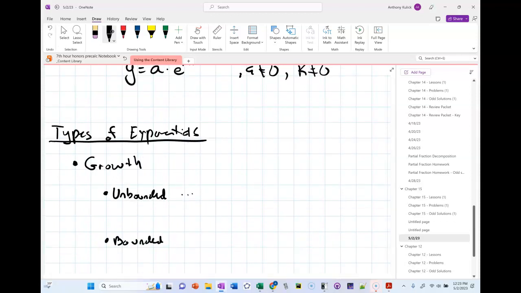On an unbounded growth, as you move from left to right, your exponential is growing without bound, right? There's nothing capping it. Bounded exponential growth, you have something like this where you're growing as you go from left to right, but the asymptote's keeping a cap on how big that can get.